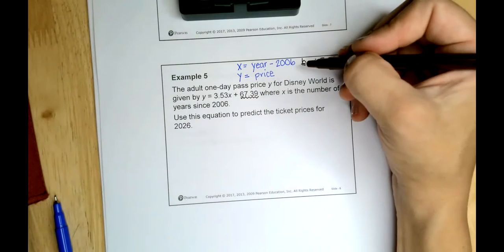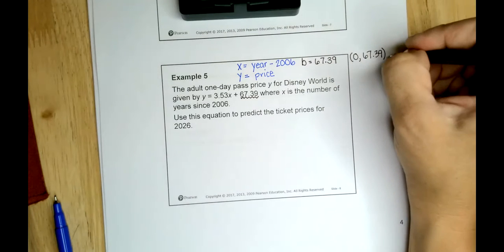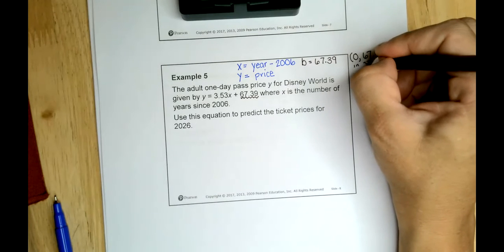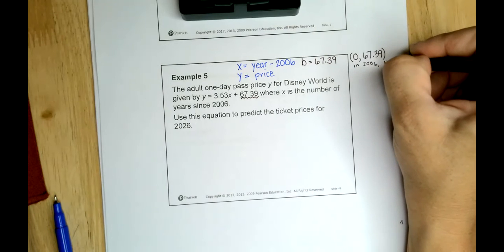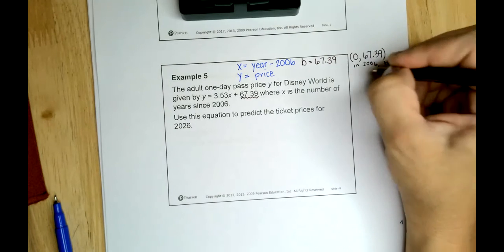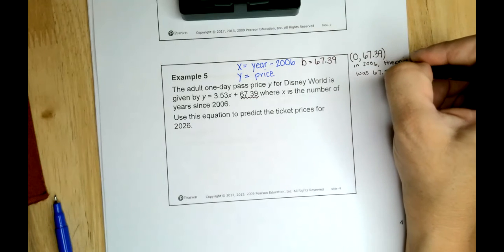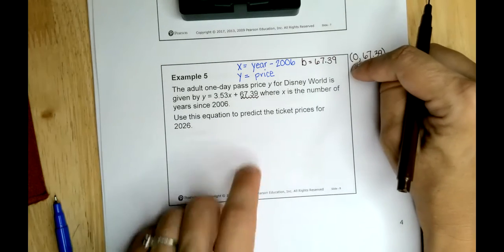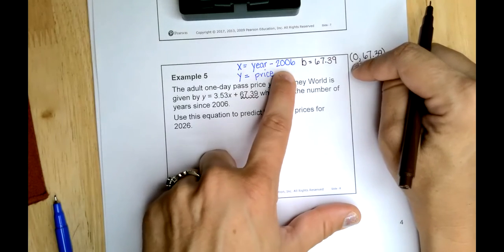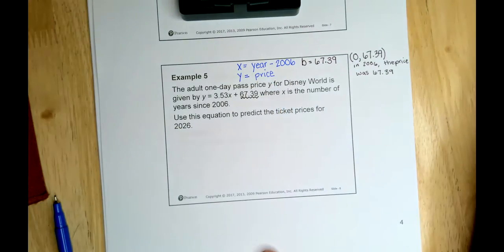Because 2006 minus 2006 would be 0. In 2006, the price was $67.39. Does that make sense? The year is 0. 2006 minus 2006 is 0. The price is $67.39. Okay.